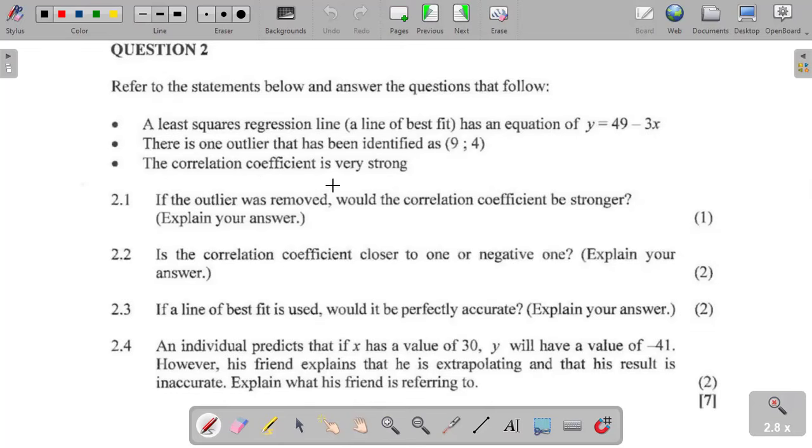The correlation coefficient is very strong. Now they say if the outlier was removed, would the correlation coefficient be stronger? And then they say explain your answer.